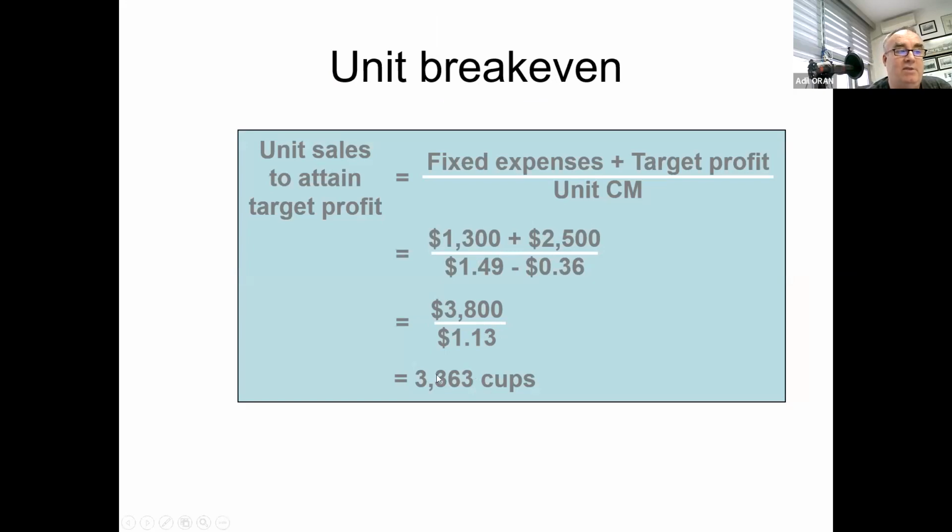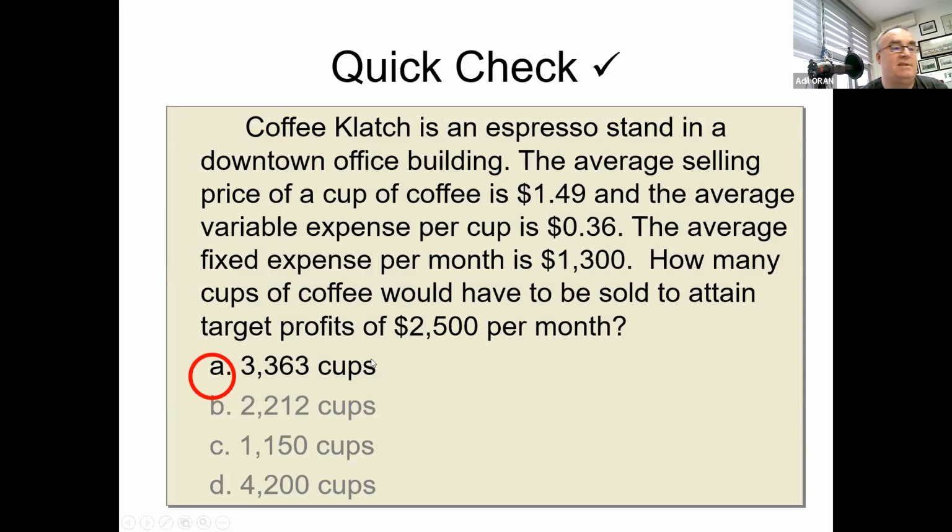It tells you that you need to sell 3,363 cups to achieve that target profit. If you sell them, you will be able to pay off your fixed expenses plus have $2,500 of profit left over per month.